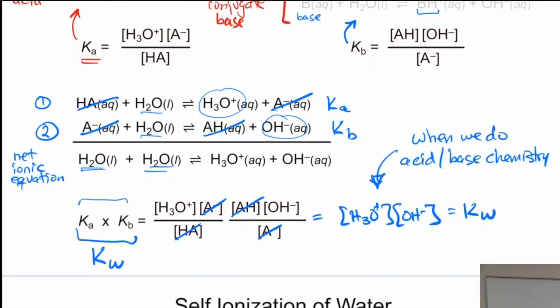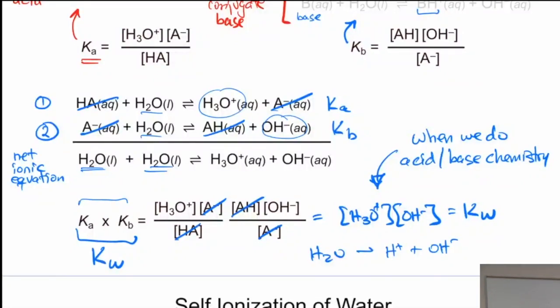It may be easier to show it to you this way. If I took H2O and showed that it dissociated into H plus and OH minus, it's the same thing. We just use hydronium ion because hydrogen ions don't exist as hydrogen ions in solution. They'll combine with H2O to make H3O plus.